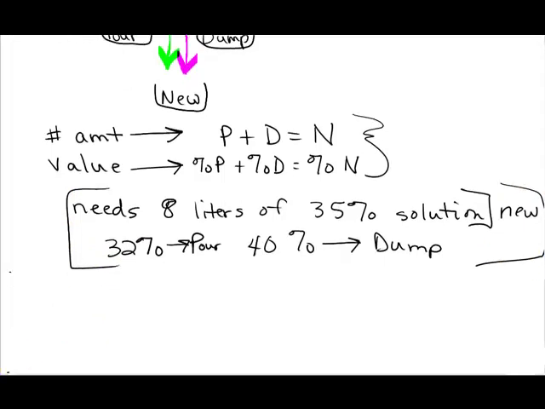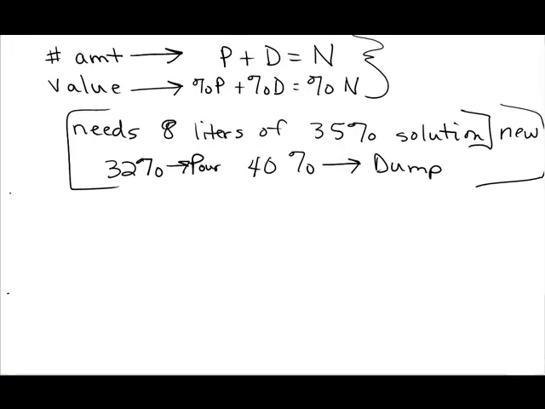The other thing we need is these equations. So I'm going to pour plus dump to get 8. That's what I need. The new amount is 8 liters. What I'm pouring is the 32%. And you can also drop the percent.